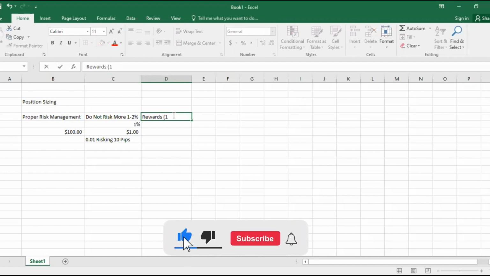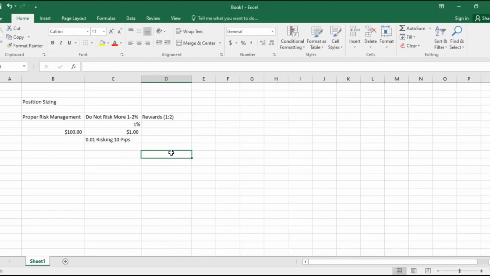So if you're risking 10 pips, then definitely you'll be shooting for 20 pips, and that will give you, in terms of monetary value, about $2, and maybe around $1.90 when you factor in the commissions by your broker.